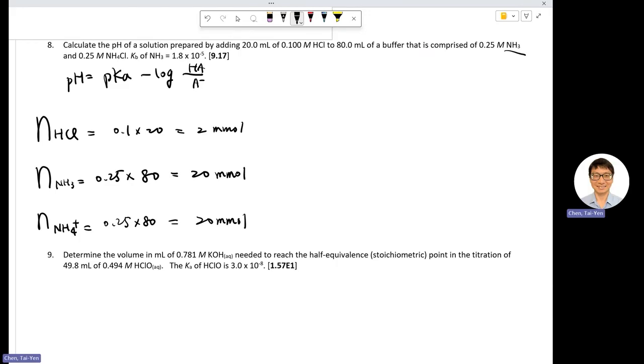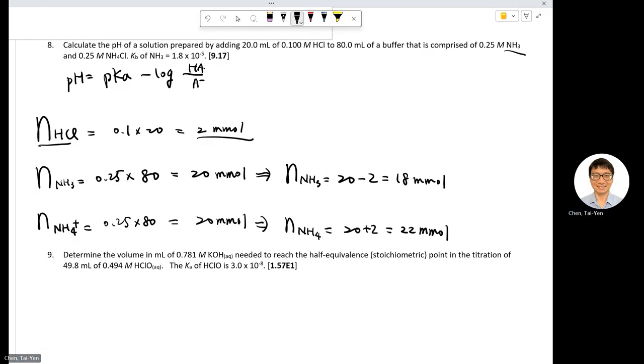But right now, 2 millimole of your strong acid will be fully consumed by your weak base. Therefore, in the end, the number of moles of your NH3 will equal 20 minus 2, which is 18 millimole. Once that happens, you're going to have more conjugate acid. It will be 20 plus 2, which is 22 millimole.